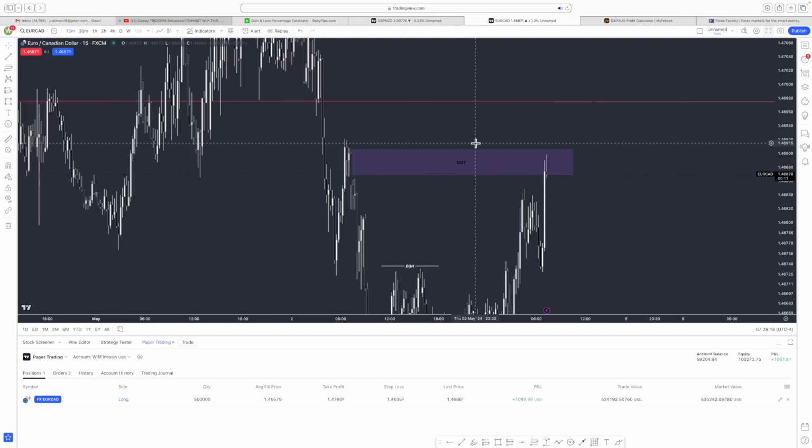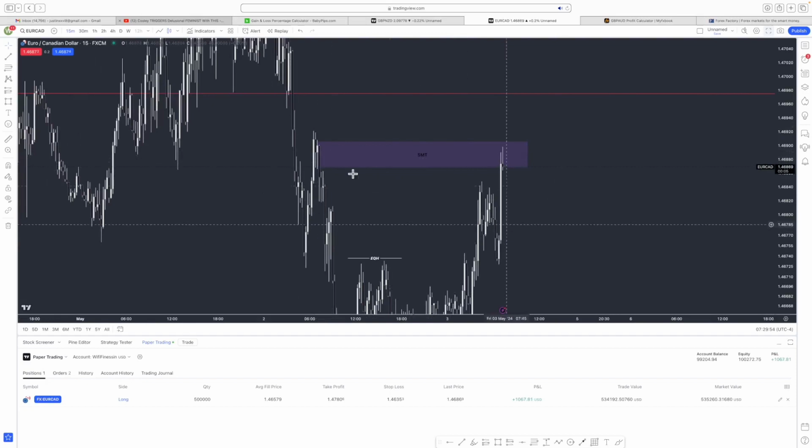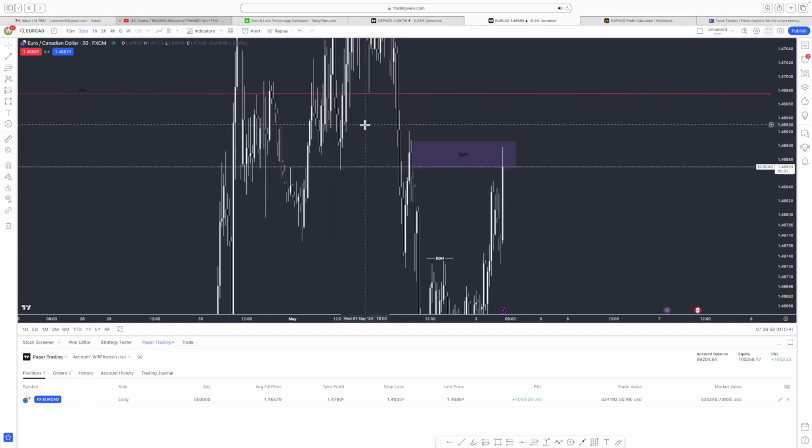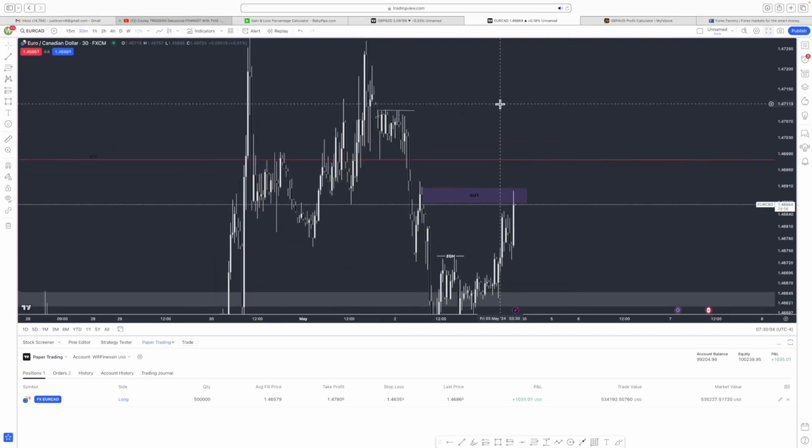But right now it's probably going to give traders a small move right here, and then continue to the upside. That's what I'm thinking.